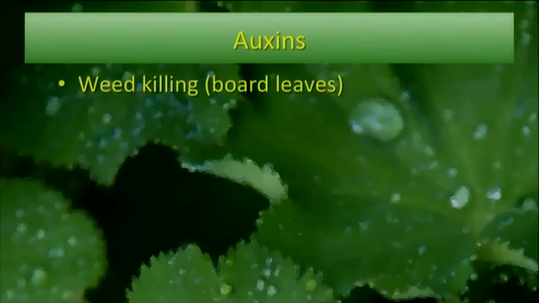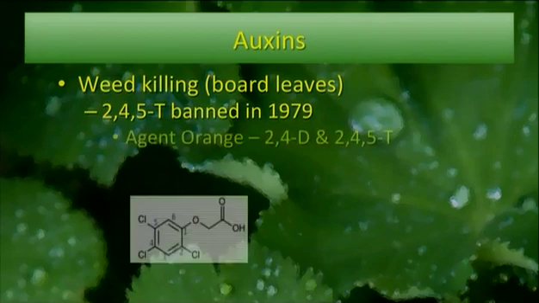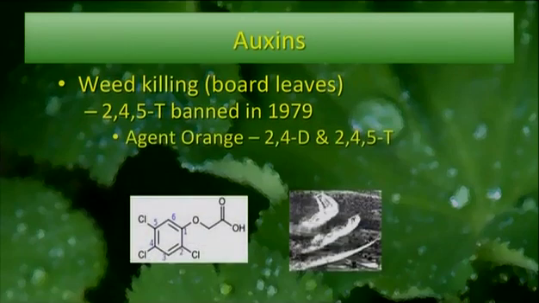Now auxins are also used for weed killing for broadleaves. Now the substance called 2,4,5-T was banned in 1979. But it was used as part of Agent Orange, which included 2,4-D and 2,4,5-T. So you see here the image of the molecule.